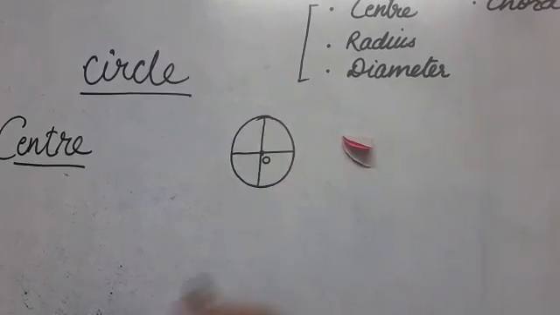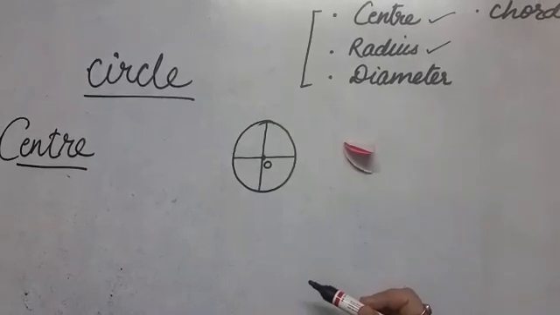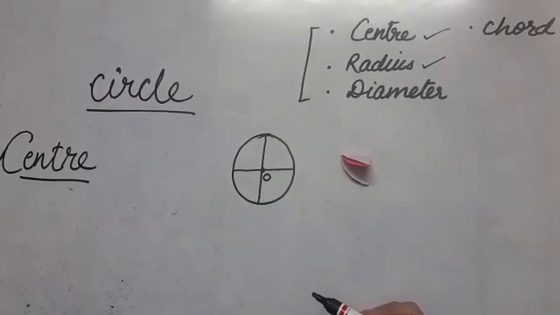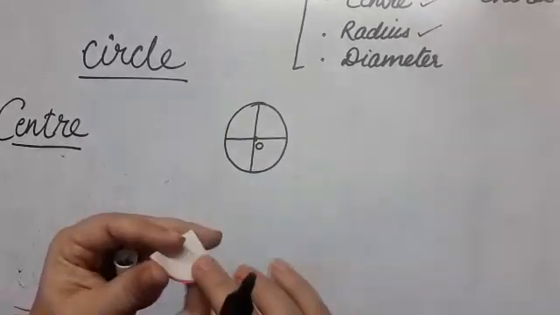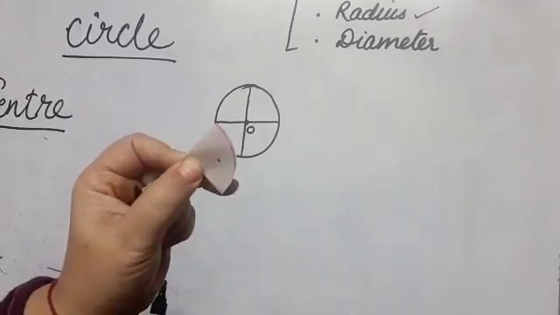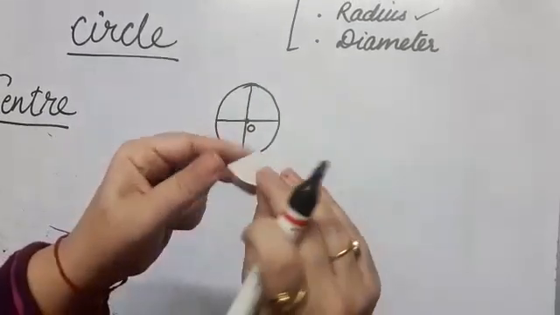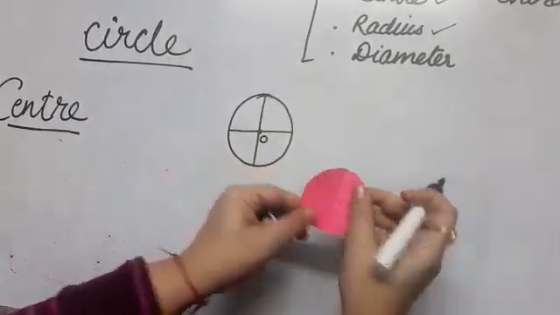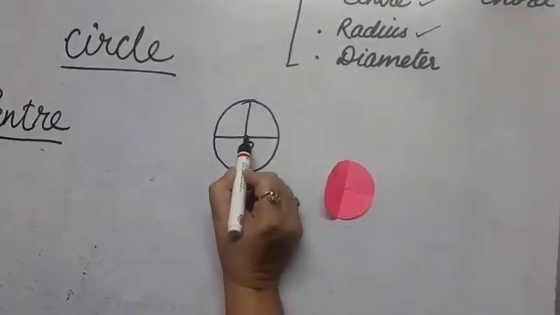Okay. Now my next topic is radius. How to find radius? Again by paper folding. Same thing you will do as I have done in this. Again you will make two fold like this. Now when you will open this, again you have these two lines. So this one is the distance.